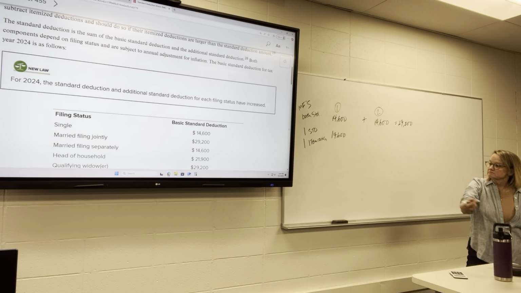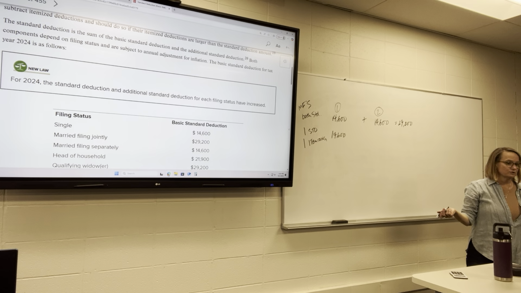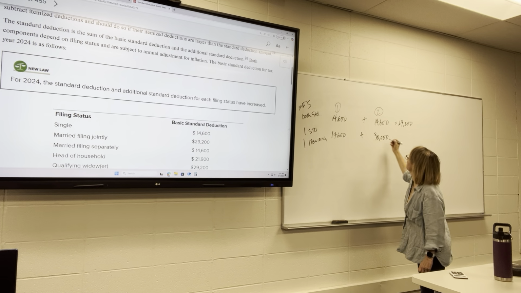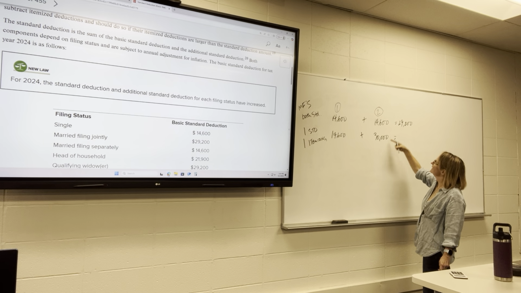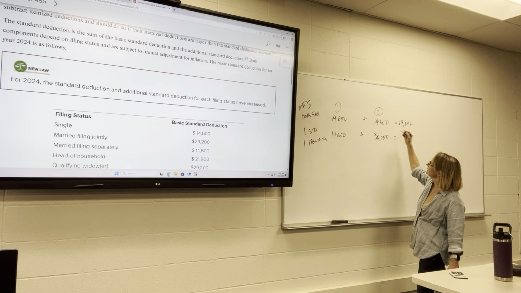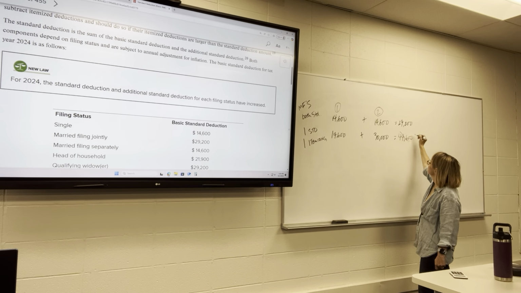Say they're $30,000 worth of itemized deductions for all of it. Now, you're getting a lot more than that standard deduction. So you're getting what, $44,600. Can't do that.